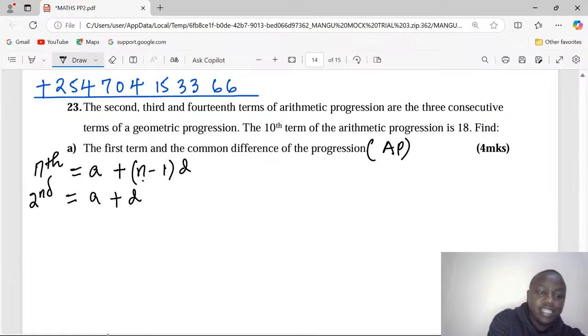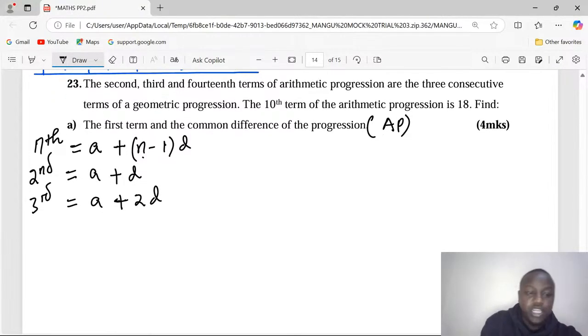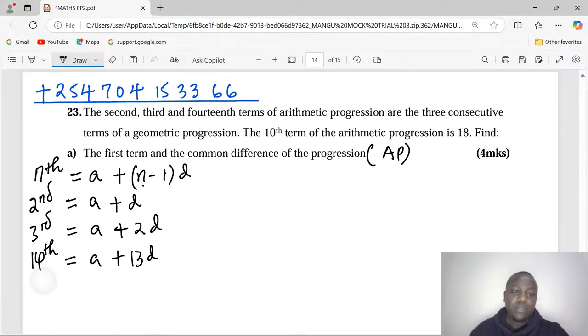The third term is going to be A plus 2d. Then the 14th term is A plus 13d. These are the second, the third, and the 14th terms of a given AP.